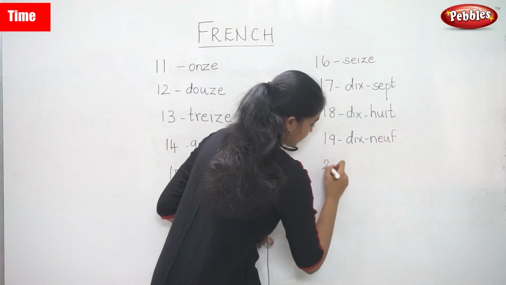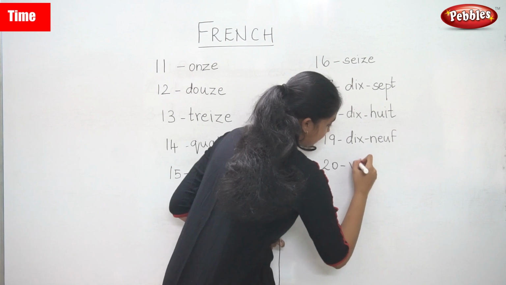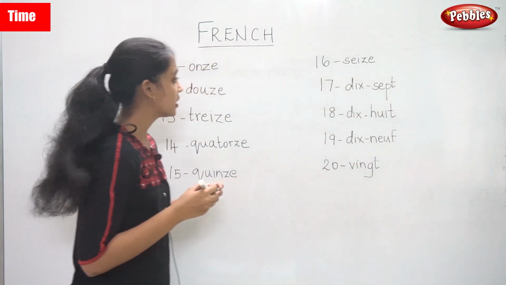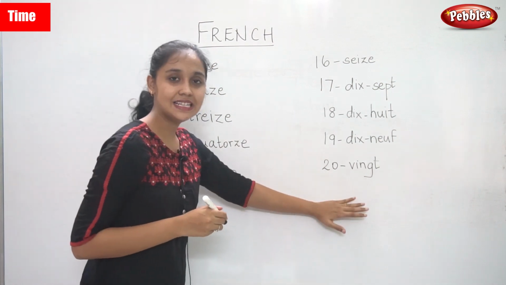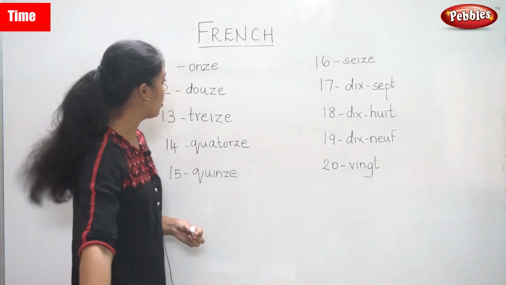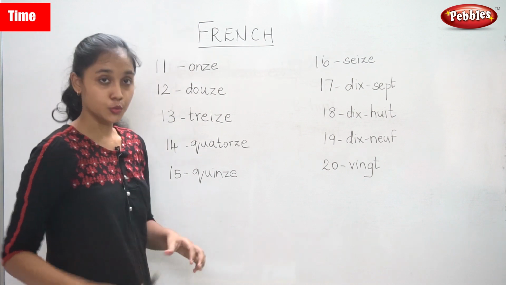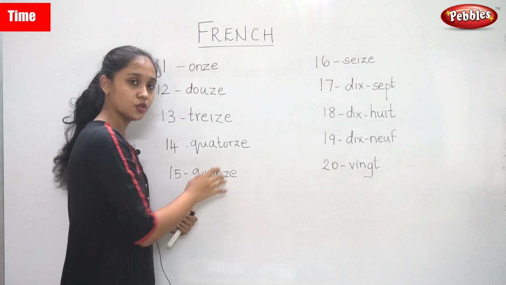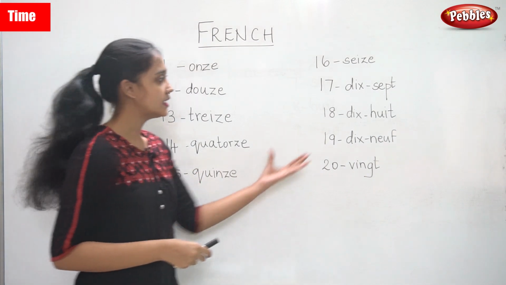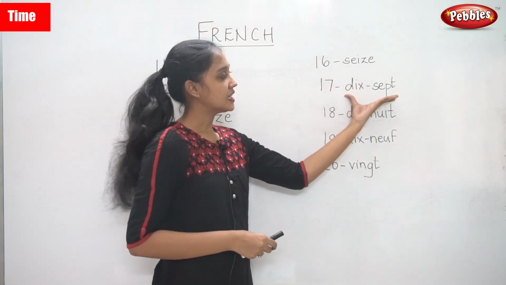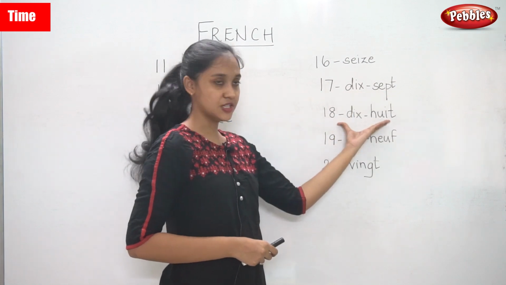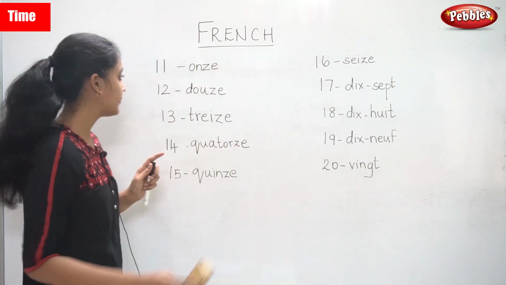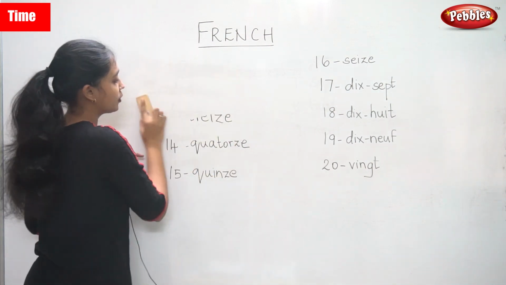And 20 is vingt. So now we know numbers till 20. Onze, douze, treize, quatorze, quinze, seize, dix-sept, dix-huit, dix-neuf, and vingt. So now we have 4 more numbers.